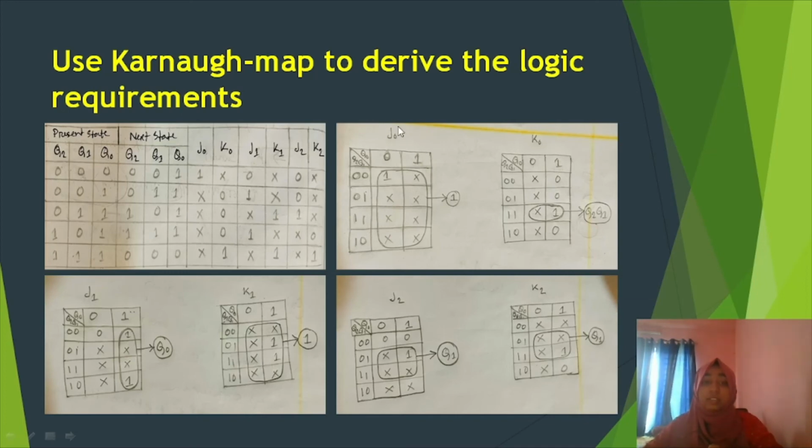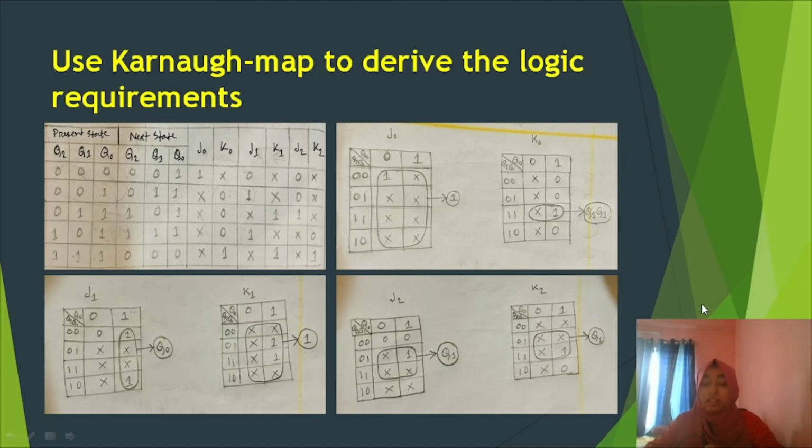The logics are J0 equals 1, J1 equals K0 Q0, J2 equals Q1, K0 equals Q2 Q1, K1 equals 1, and K2 equals Q1.